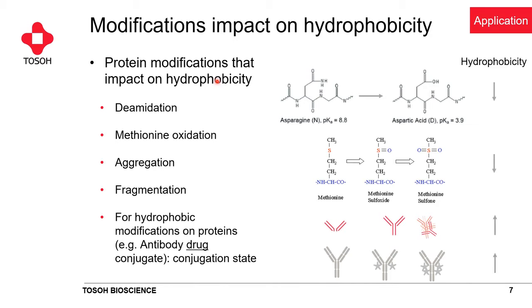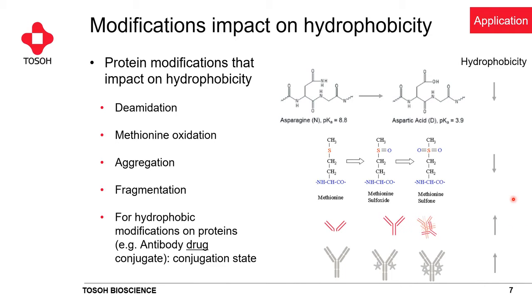So we have the possibility to look at tiny changes, modifications in our molecule by hydrophobic interaction chromatography. Just to name a few, one of them is deamidation, for instance, from an asparagine to aspartic acid, where we have a decrease in the hydrophobicity. If we look at methionine oxidation, we also find a decrease in hydrophobicity, whereas if we increase the size of our molecules, we get an increased hydrophobicity.